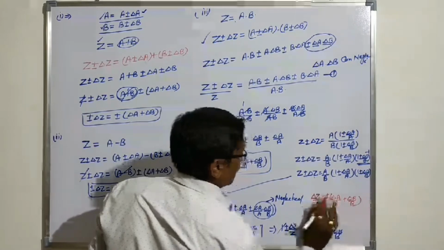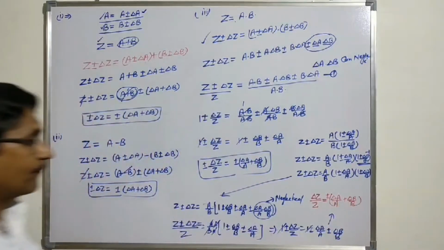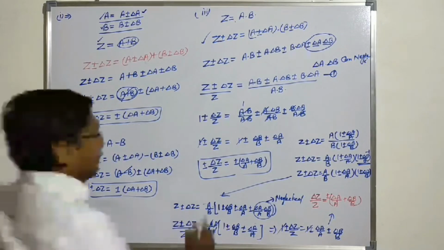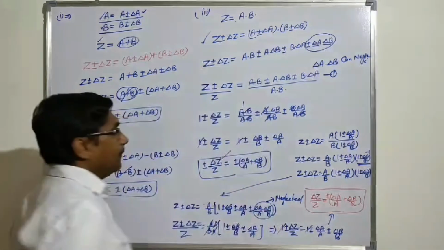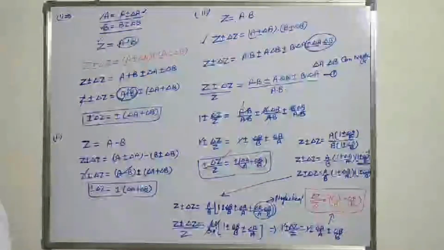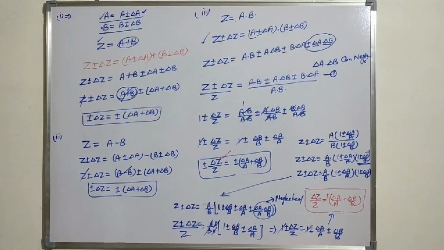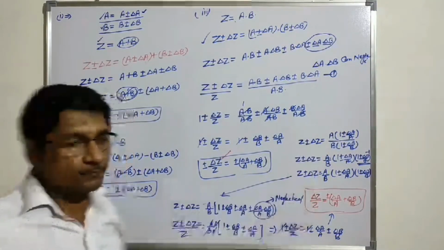Here we use the sign plus or minus. So the same result we get in multiplication and division also. This is the fourth operation. First operation is addition, second is subtraction, third is multiplication, and fourth is division.